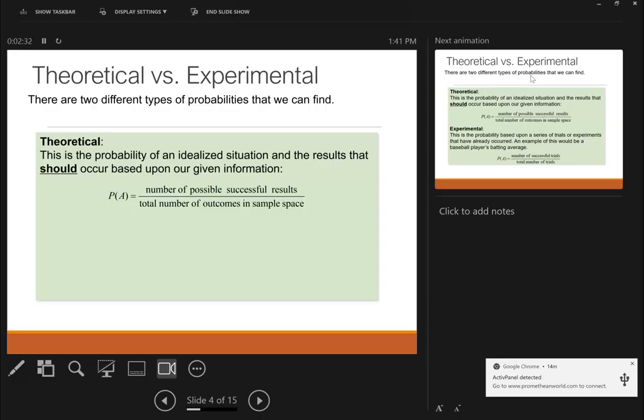So for example, if we're flipping a coin, the theoretical probability of heads is 1/2 or 50%, right? Or if rolling a Monopoly dice, 1 in 6, right? Now, what assumption did you make in both those instances? It's fair. That the dice is fair and the coin is fair, that the outcomes are equally likely, right?